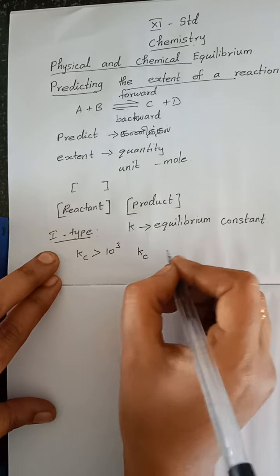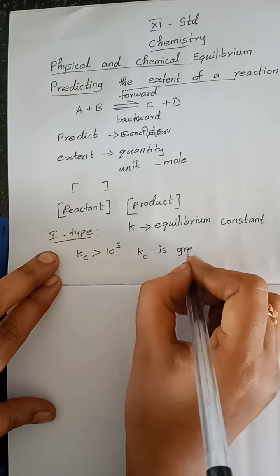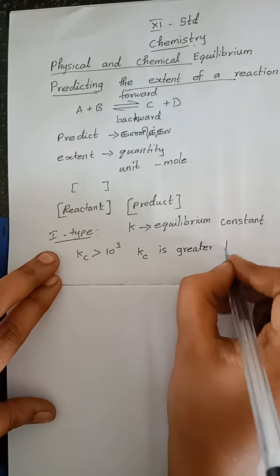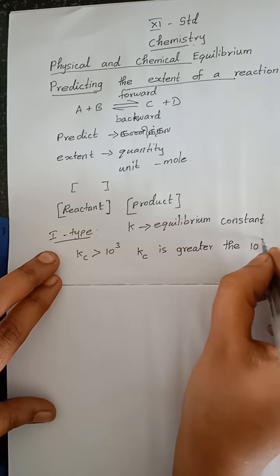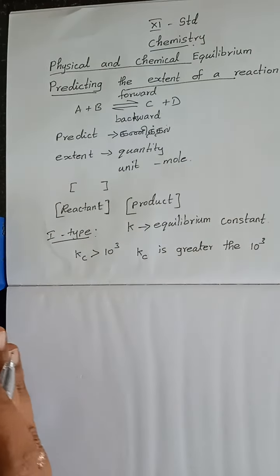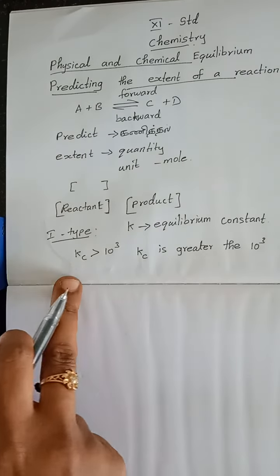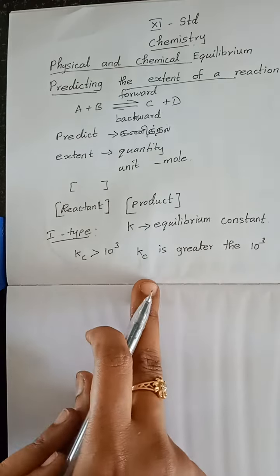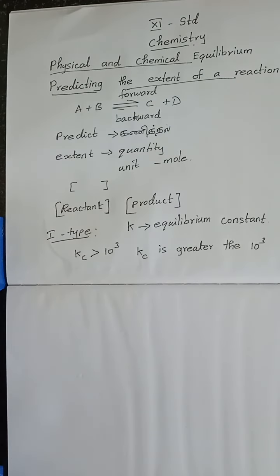So Kc is greater than 10 to the power 3, so it is a high yield of product.